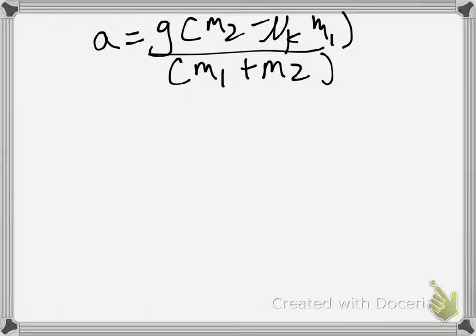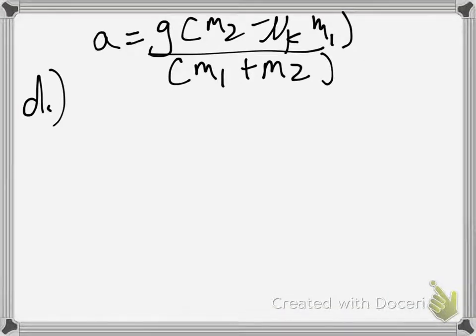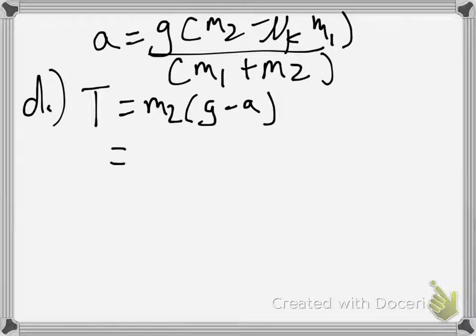Now that we know the acceleration, we can solve for the tension. Going back, I said that tension was m2 times the quantity g minus a. So T is equal to m2 times g minus a, and now I can just substitute our value of a, which is quite messy.